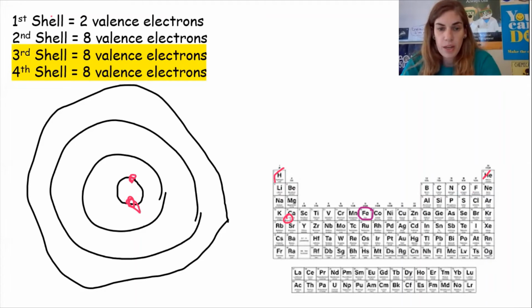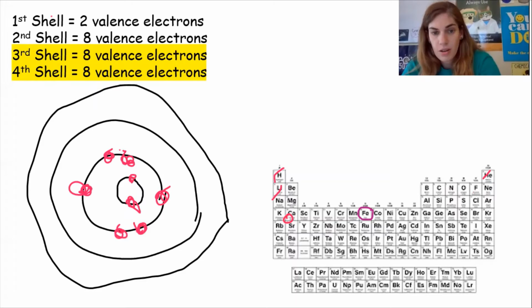And I'm going to keep going, and now lithium, that's 3. I can cross that on the periodic table. And I'm starting to fill up the second shell. So I'm going to fill the second shell up with 8 electrons. Again, sorry, it's hard to draw on the computer with my finger.